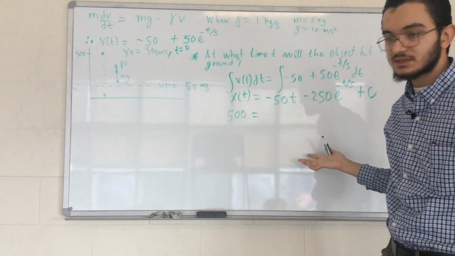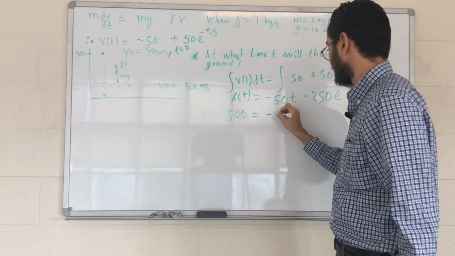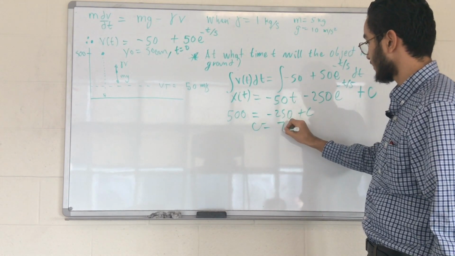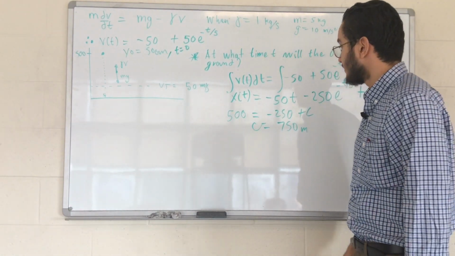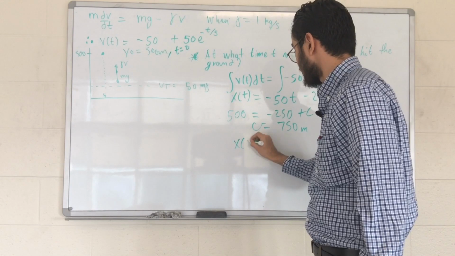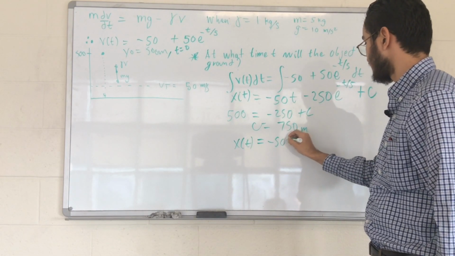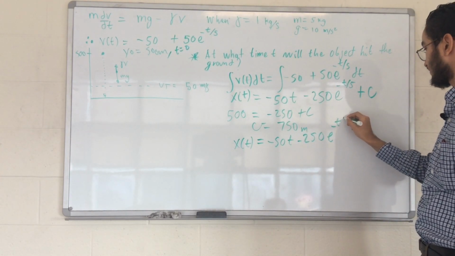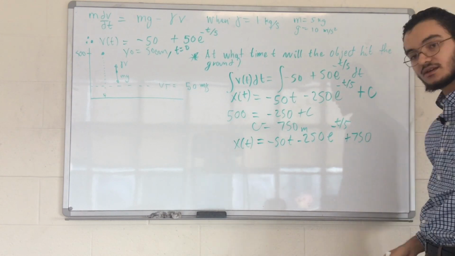And then 0 times negative 50 is 0. e to the 0 is 1, so we're left with minus 250 plus c, which means that c is nothing but 750 meters. All right, that means that our position function, specific for this problem, is going to be minus 50t minus 250 e to the negative t over 5, and then c is 750, okay?